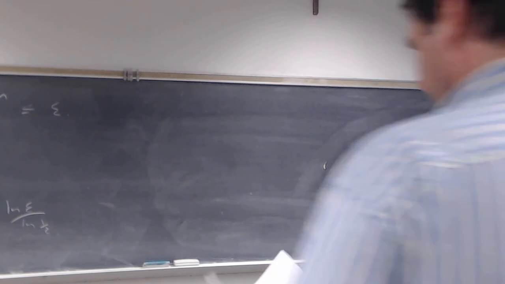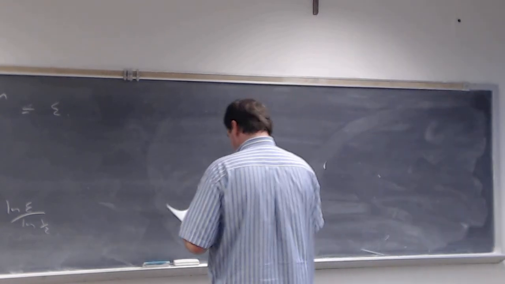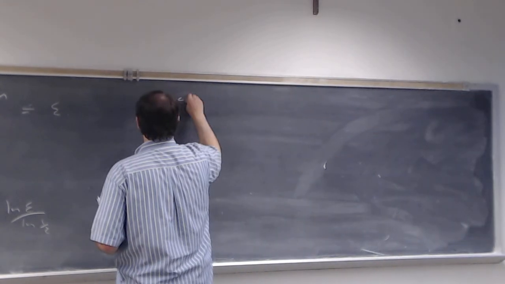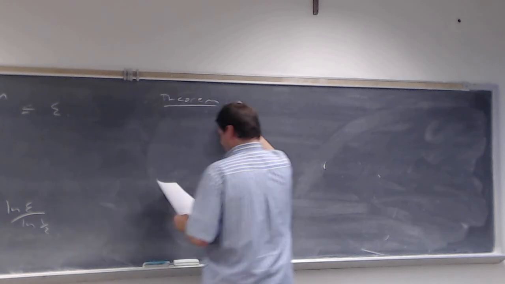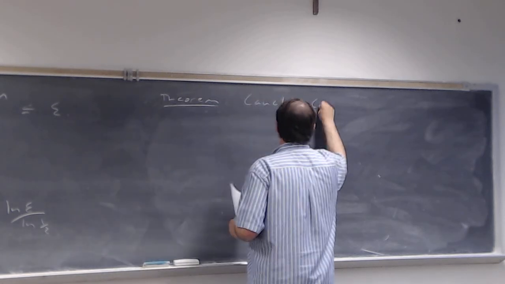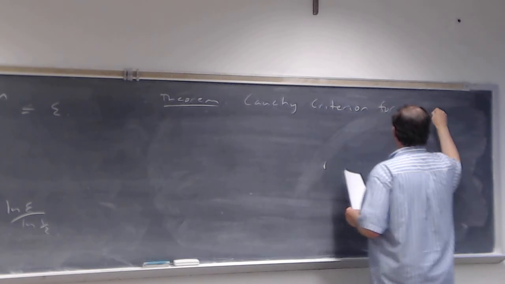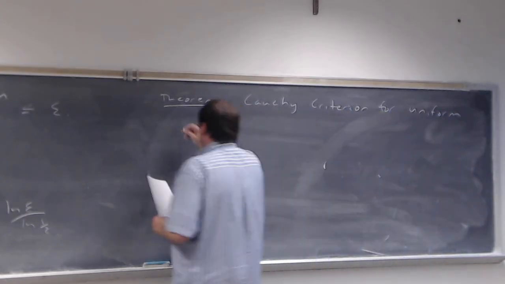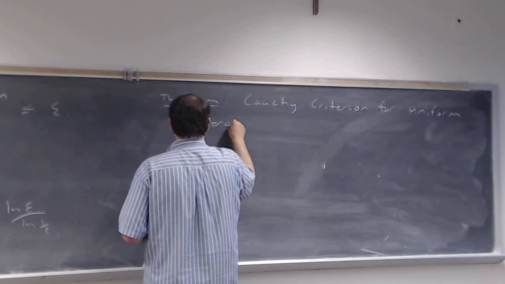The next thing we want to look at is a theorem. And this is the Cauchy criterion for uniform convergence. Here's what it says.